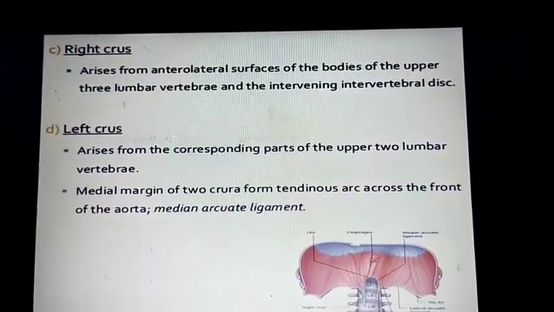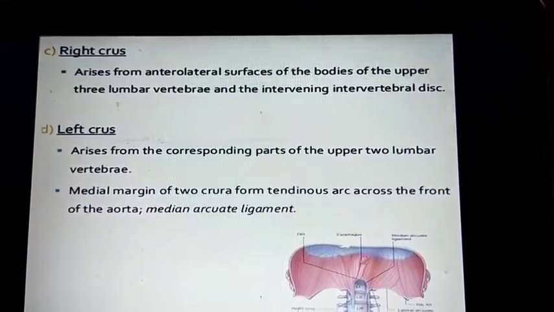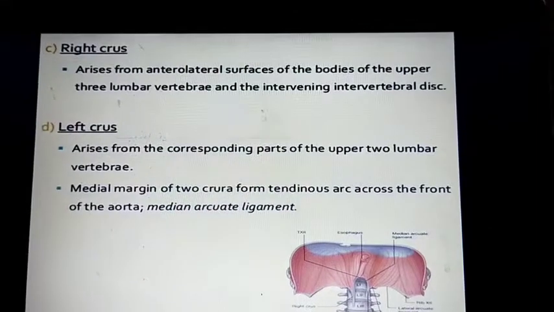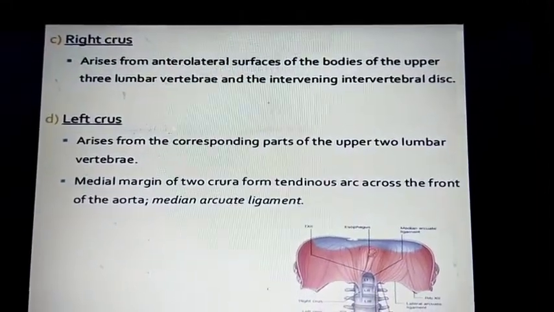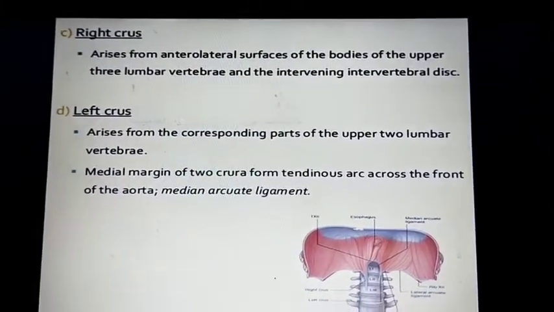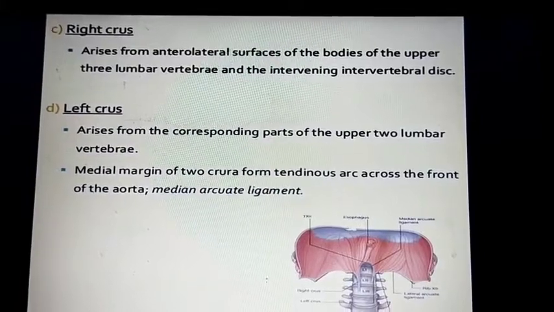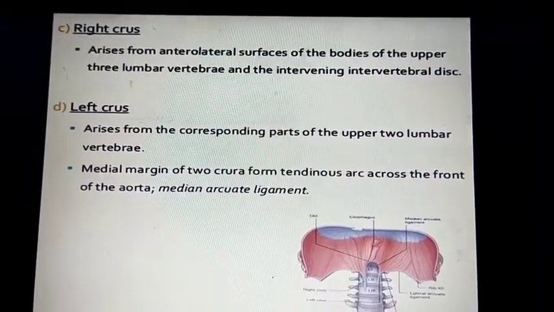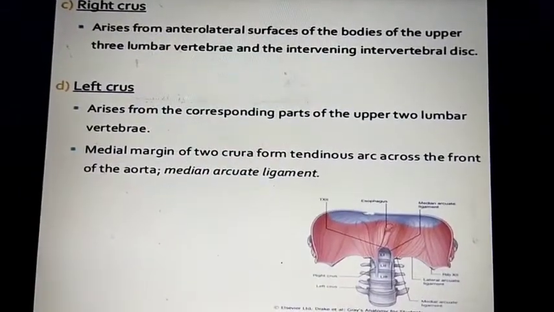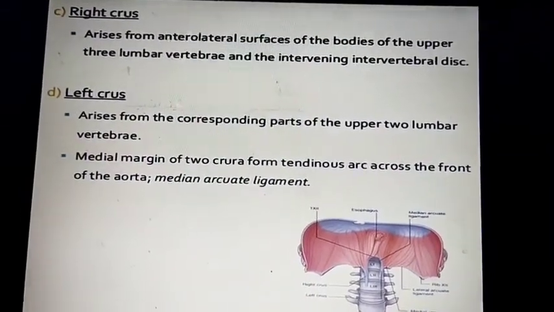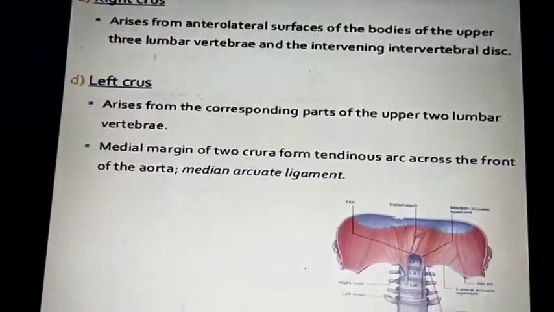It arises from the anterolateral surface of the bodies of the upper 3 lumbar vertebrae, meaning L1, L2 and L3, and the intervertebral discs. The left crus arises from the corresponding part of the upper 2 lumbar vertebrae, and the medial margins of the 2 crura form a tendinous arch across the front of the aorta, the median arcuate ligament.